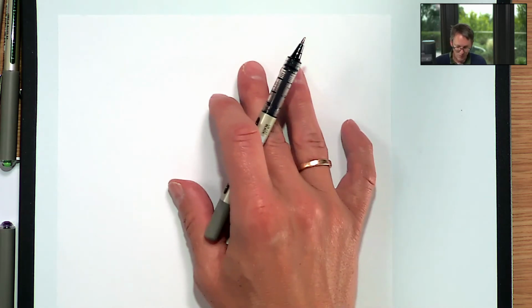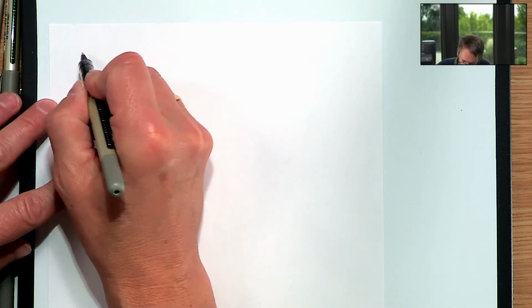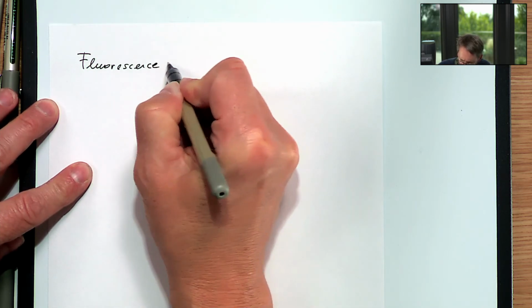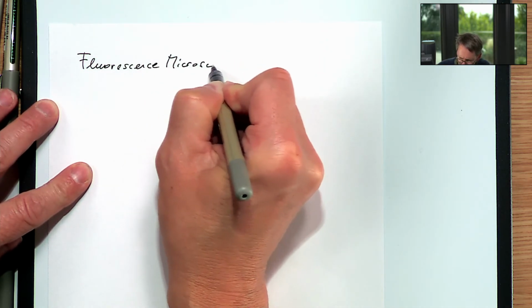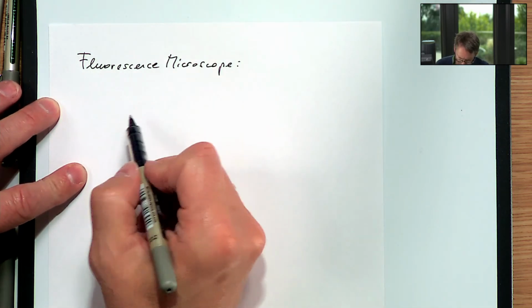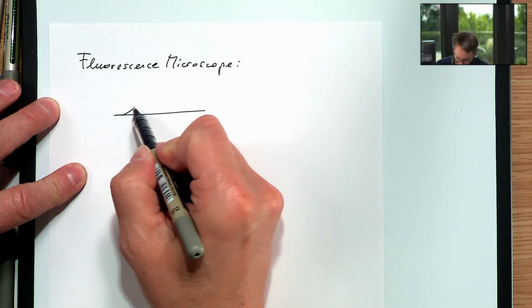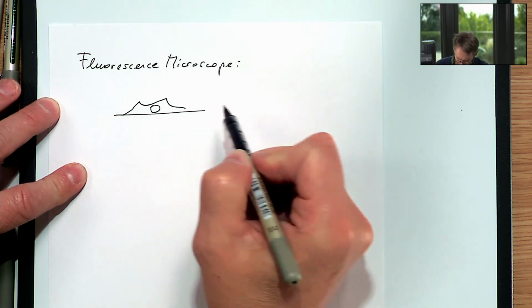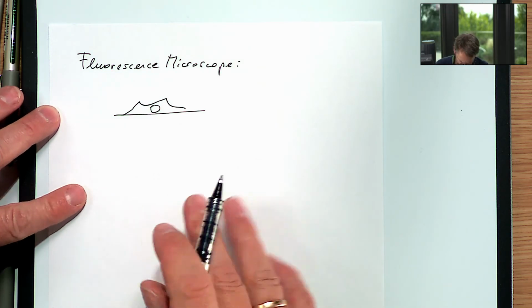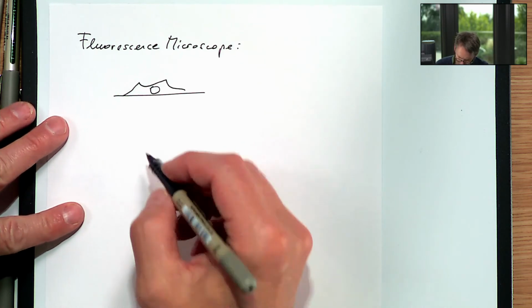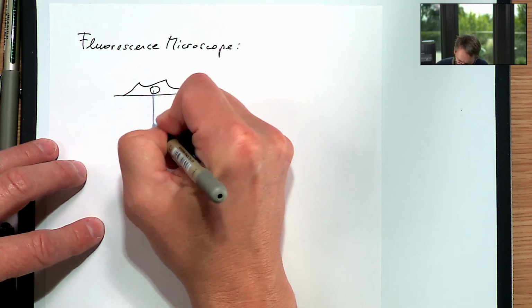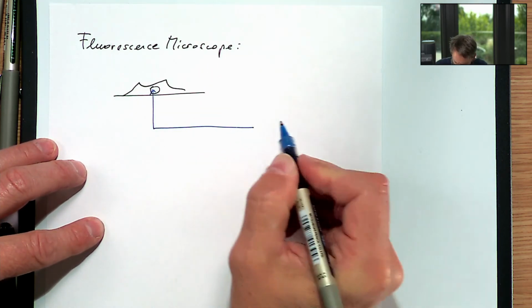Okay, so the fluorescence microscope. It looks like this. I have my sample. If I make it an inverted microscope again, like this, here's my cell, the light, and then what I have is I excite this sample like so.